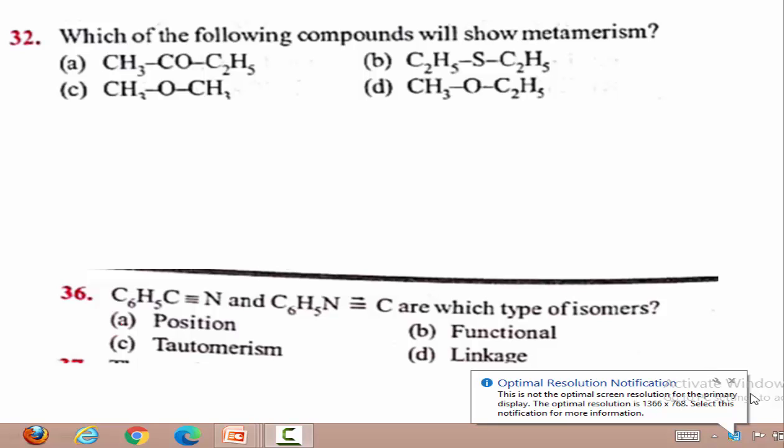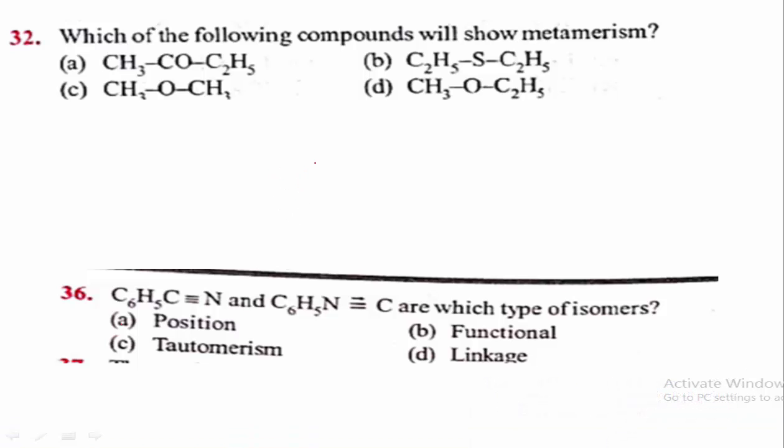Students, this metamerism also appears in the presence of secondary amines, ketones, esters. Metamers belong to the same family but differ in the nature of the alkyl group. Yes, if you know this point, then the correct answer for this question is option B. Option B. Why?